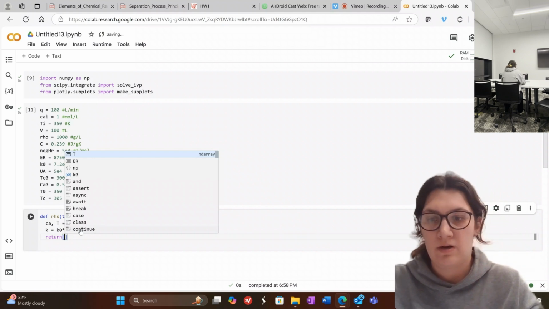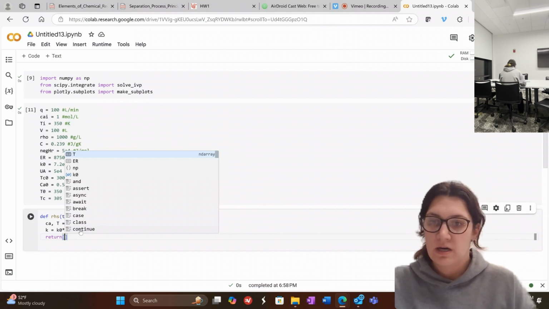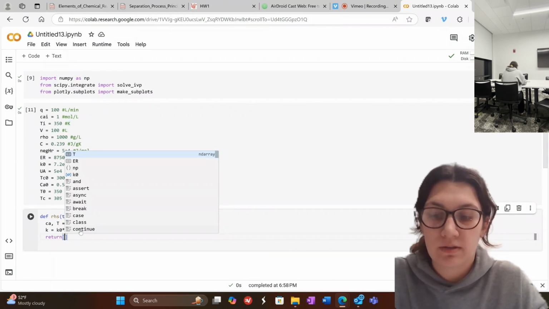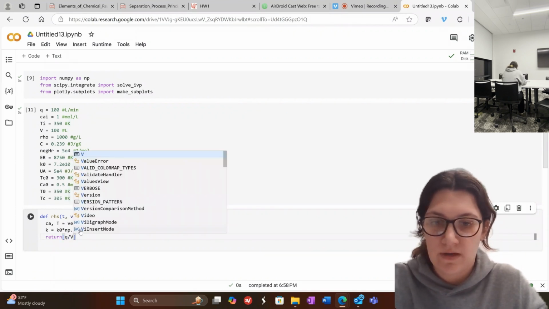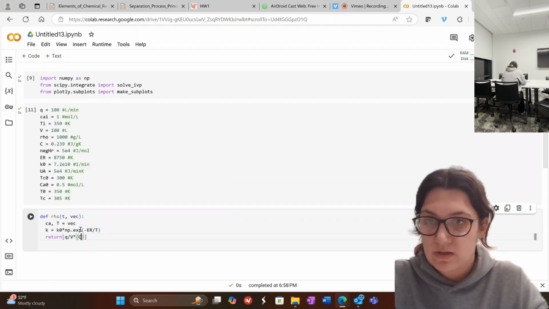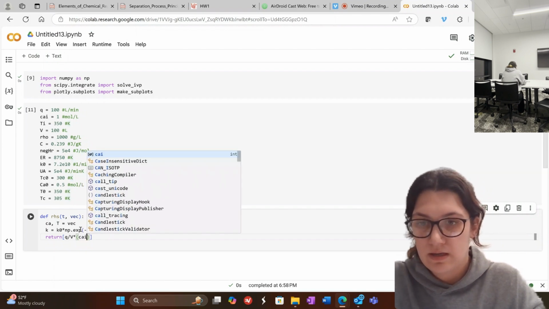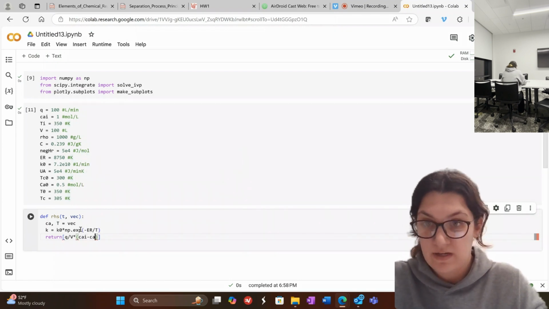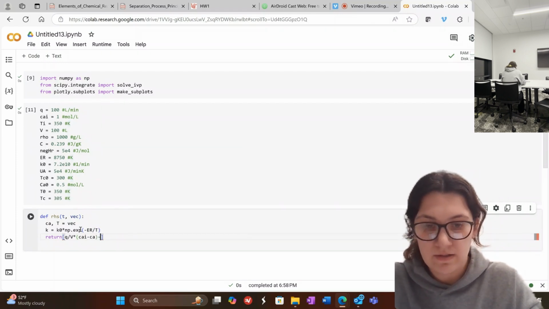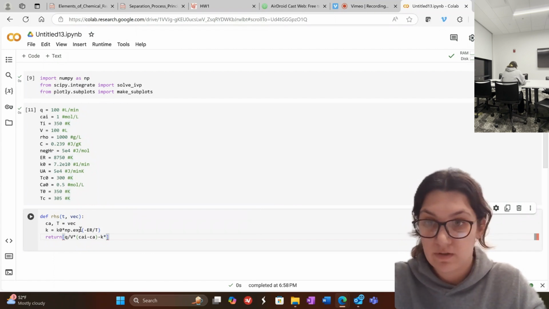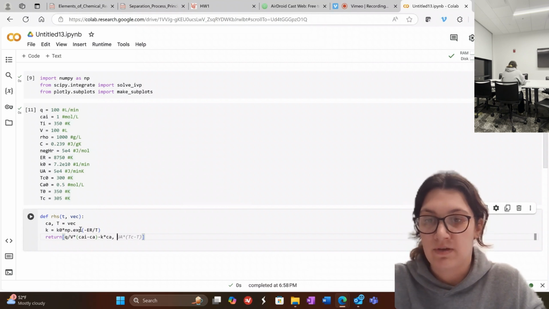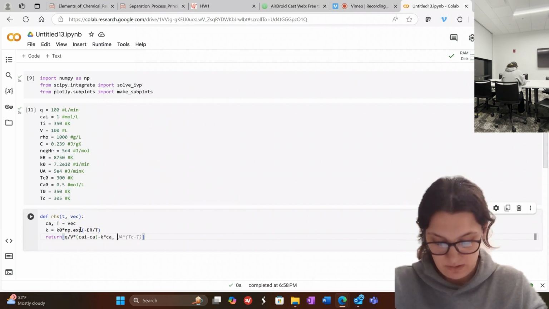So first is our concentration, so that's just the equation that we derived from our material balance. We have Q over V times (CA in minus CA) minus k times CA. Next, we have the equation that we derived from our energy balance.